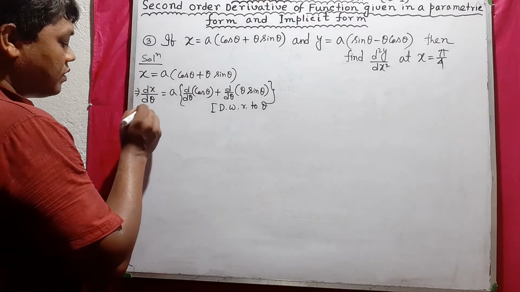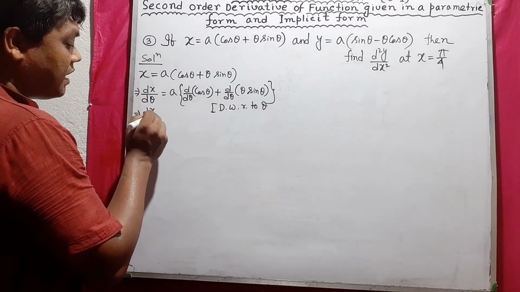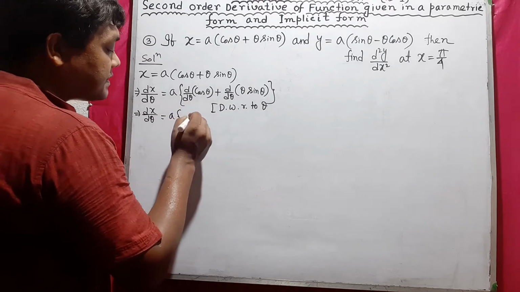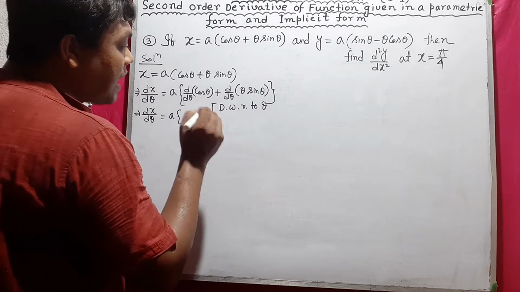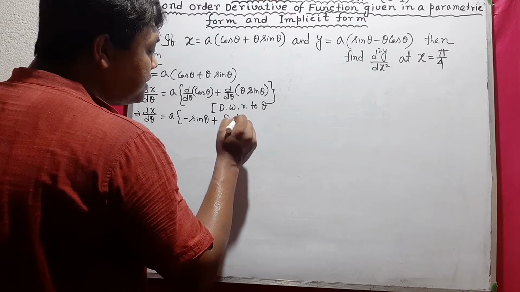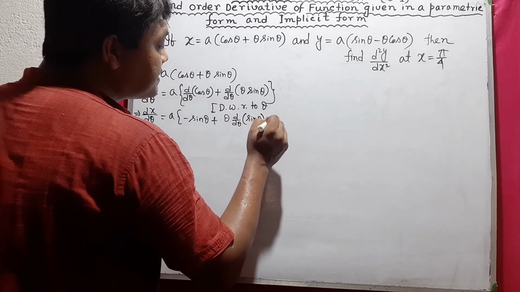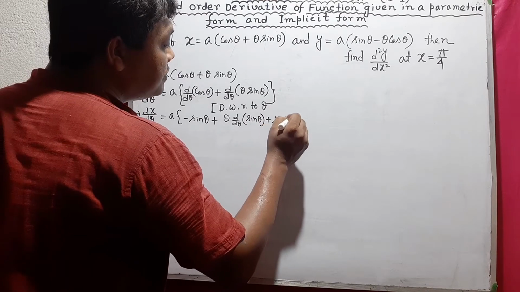So dx/d theta equals a into (minus sine theta, plus theta into d/d theta of sine theta plus sine theta into d theta).